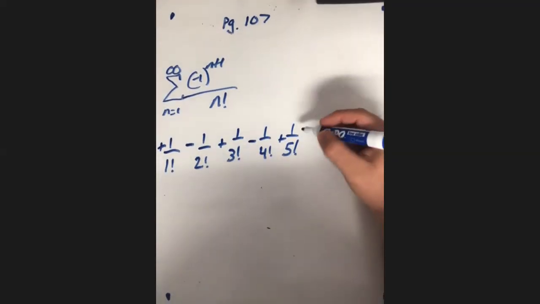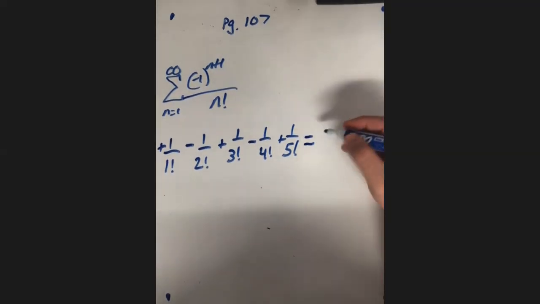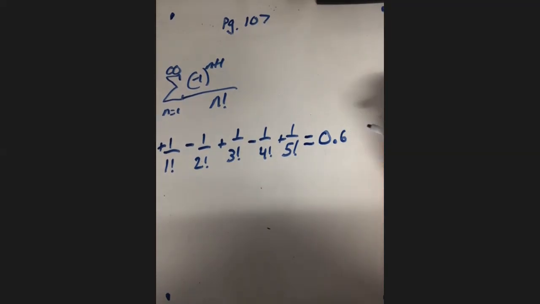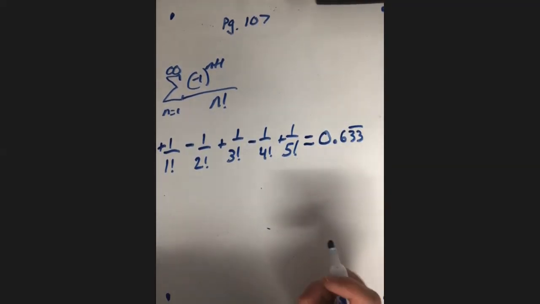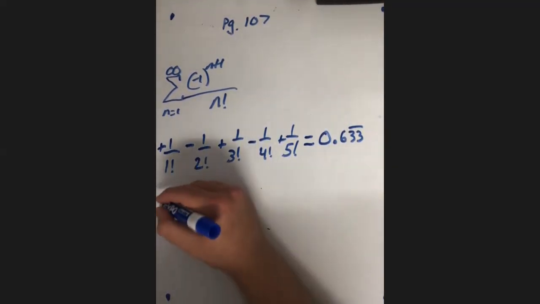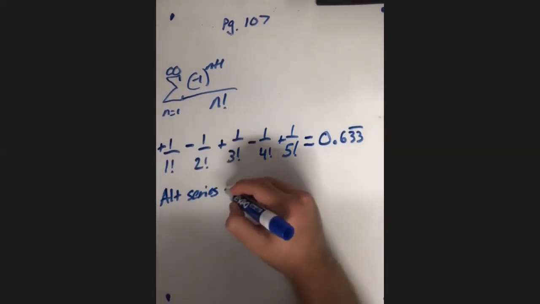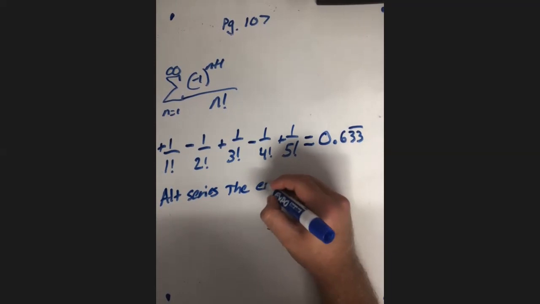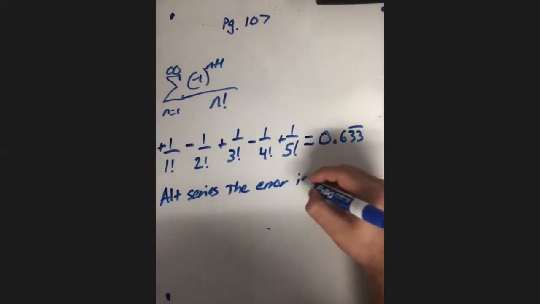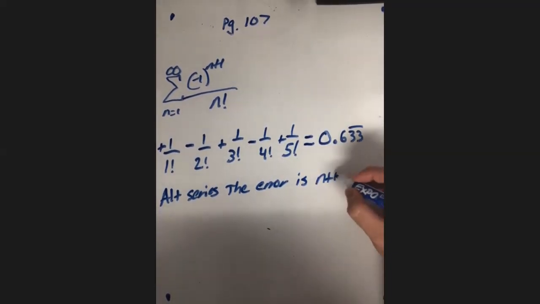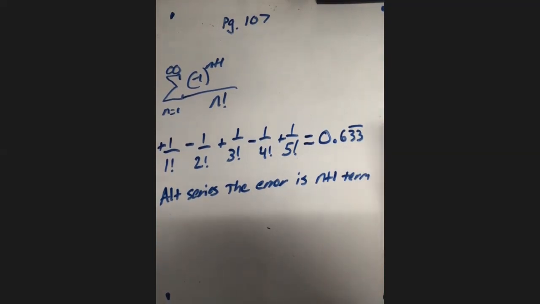If I use these first 5 terms and I actually calculate it, I've done that in advance for you guys. It's going to be 0.633, and the 3's are going to repeat just forever, okay? Now, for an alternating series, only for alternating series, the error is the n plus 1 term, okay?